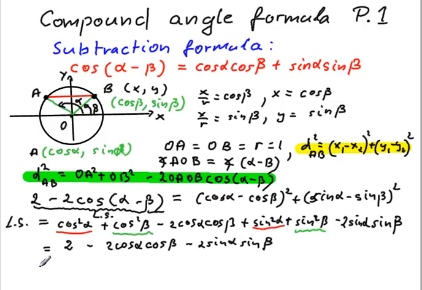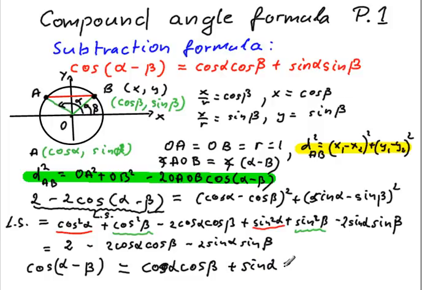So left side now has cos alpha minus beta in brackets, and now this is positive product cos alpha cos beta plus sine alpha sine beta. So there you go. Now we have the statement that we wanted to prove.